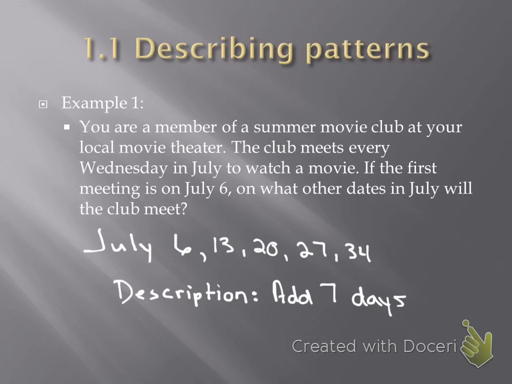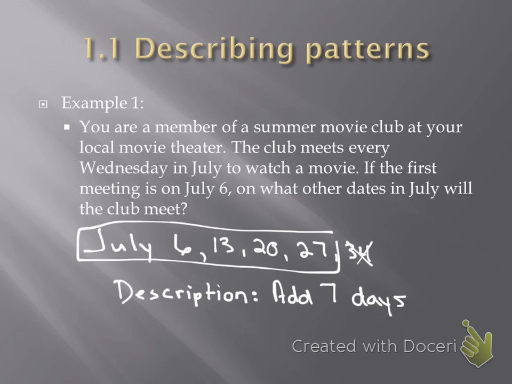Can you have a July 34th? No, you can't have July 34th. So logically speaking, the 27th is the last date in the pattern, right? Because there is no July 34th. All right, so these 4 dates would be the correct answer. And you just want to box it in. Box in your answer.